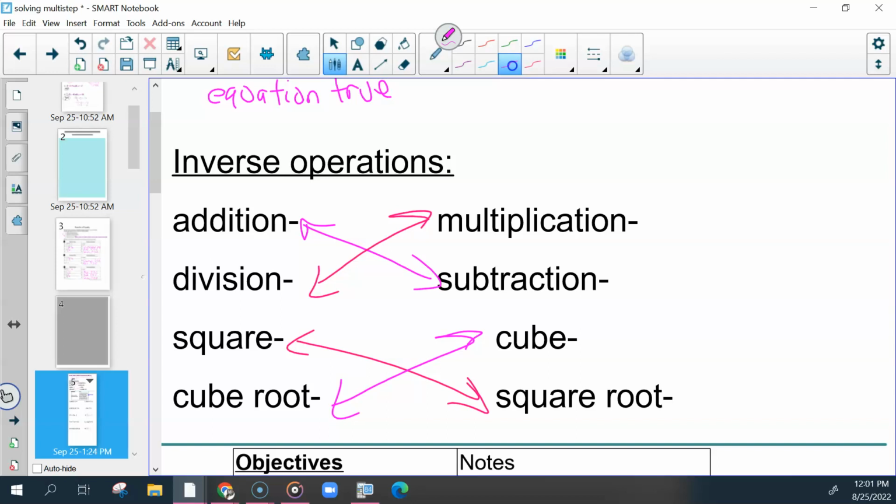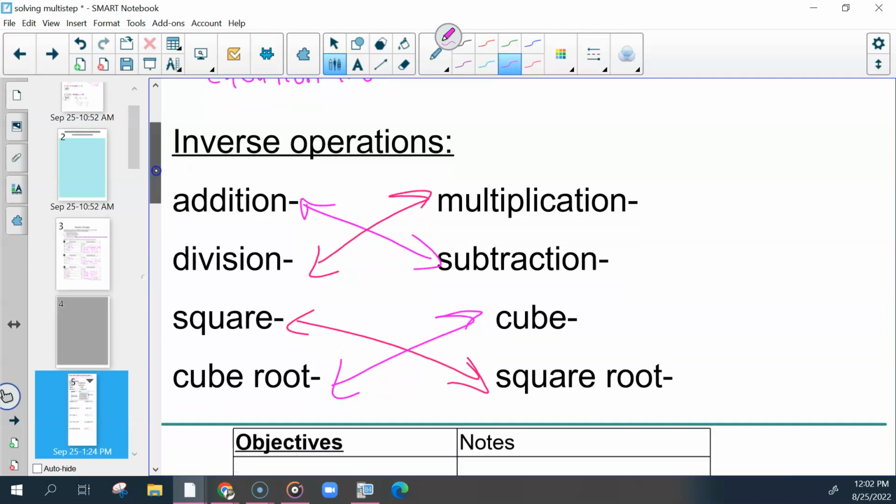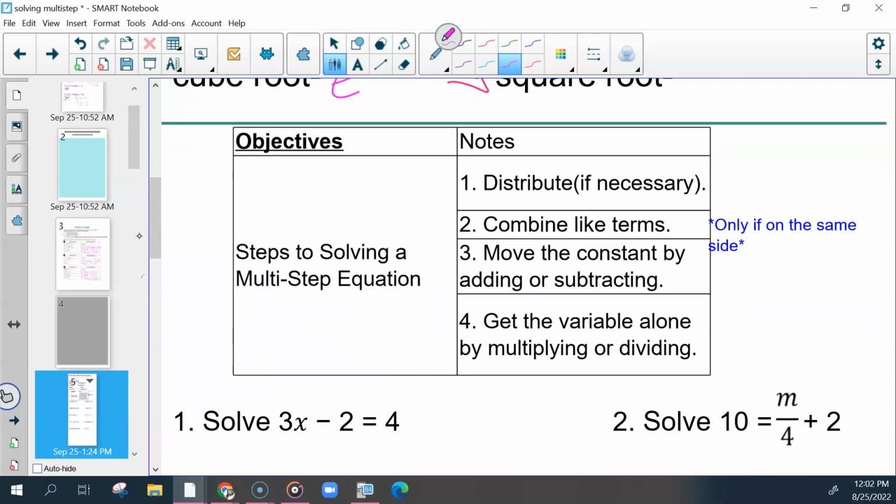This is 2 times 2 times 2. But if we took the cube root of 8, that would be what times itself 3 times would give us 8, and that would be 2. So they undo each other. Take a second, read this, either up here or on your paper.